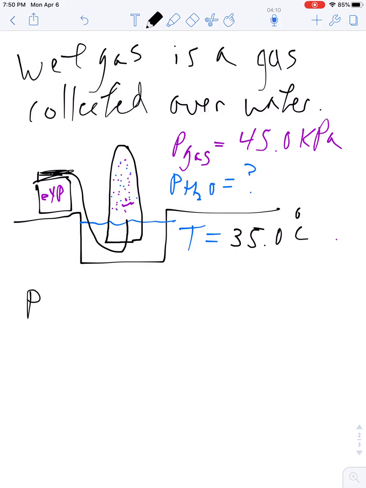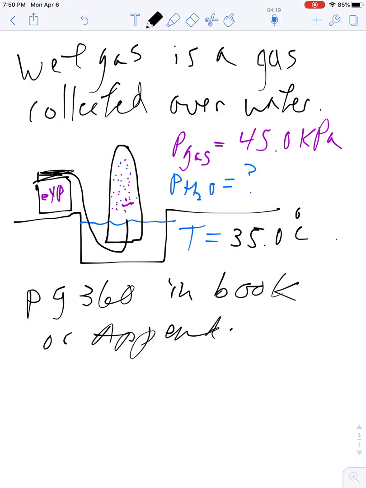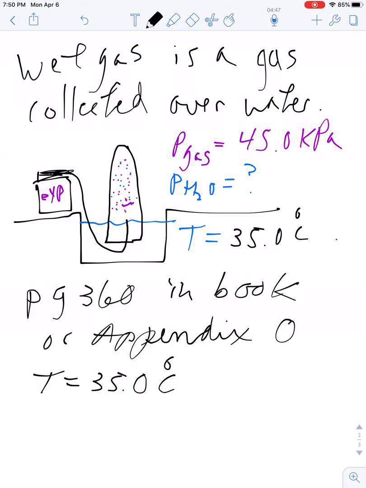Then what you have to do is go to page 360 in the book, or Appendix O, to a vapor pressure table. On page 360, or Appendix O, you will see a table, and you will see that when the temperature of the water is 35 degrees Celsius, it exerts a pressure of 5.6 kPa.